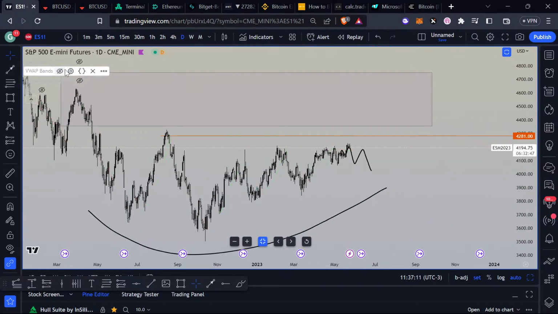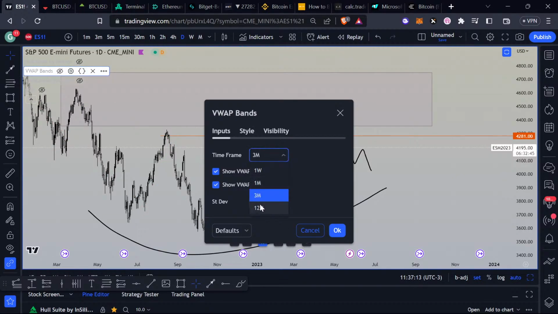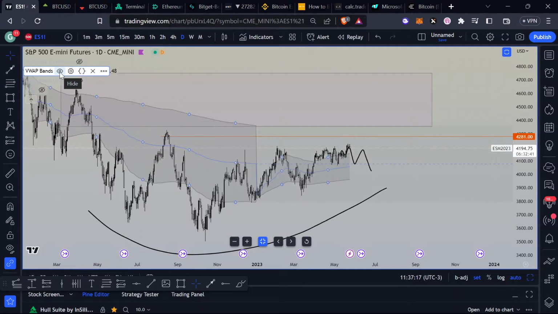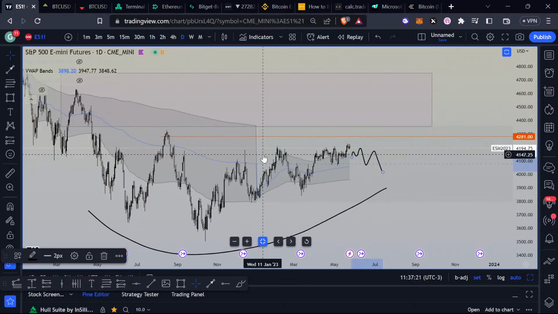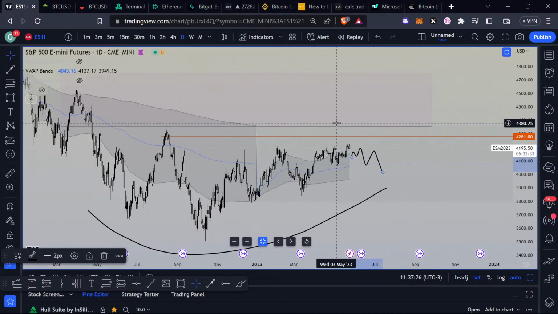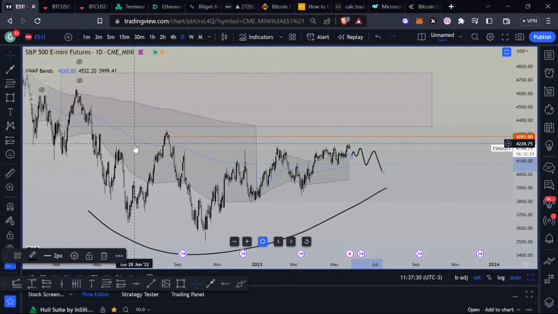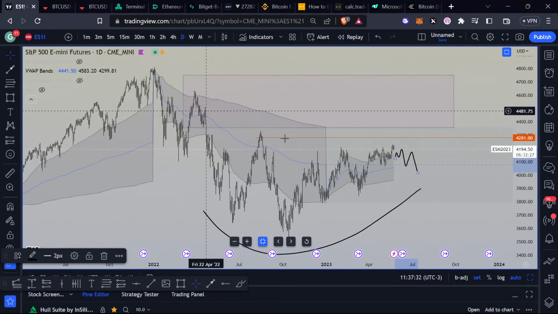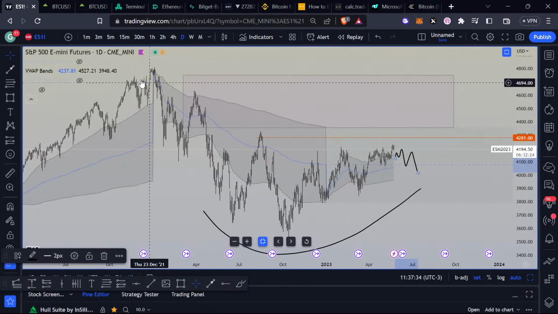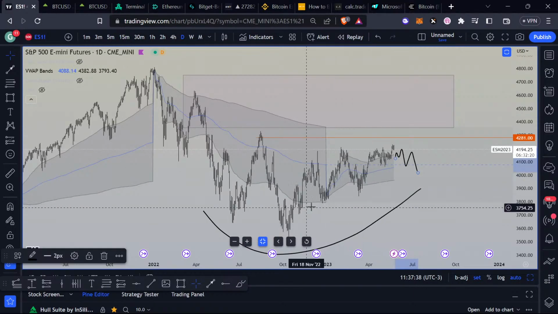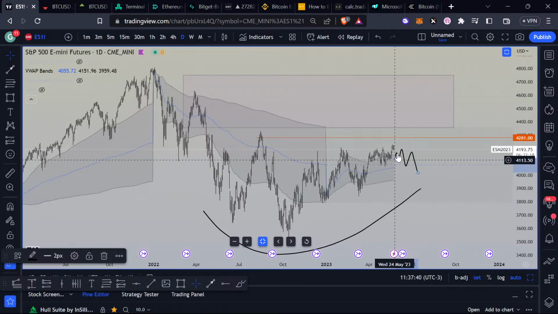Yeah, let's use it on here. If you remember what we were discussing about intermarket theory, look at this. What do we have here? This is the top of our range of Q1, of 2022 VWAP, and this is 2023 VWAP.